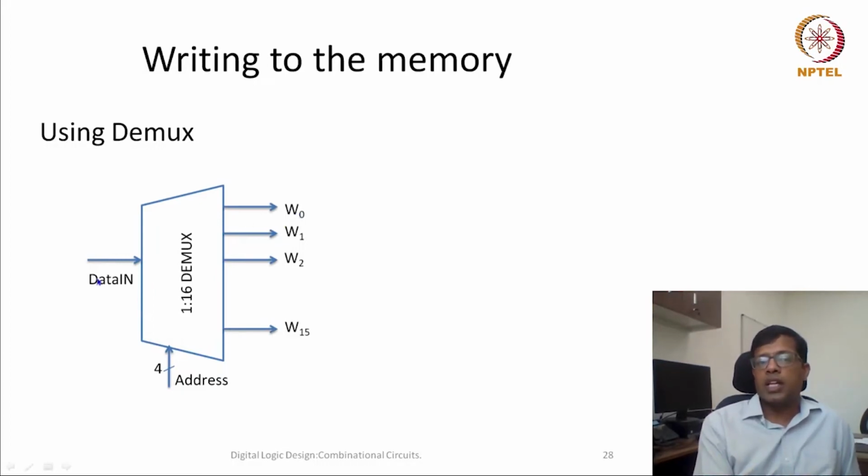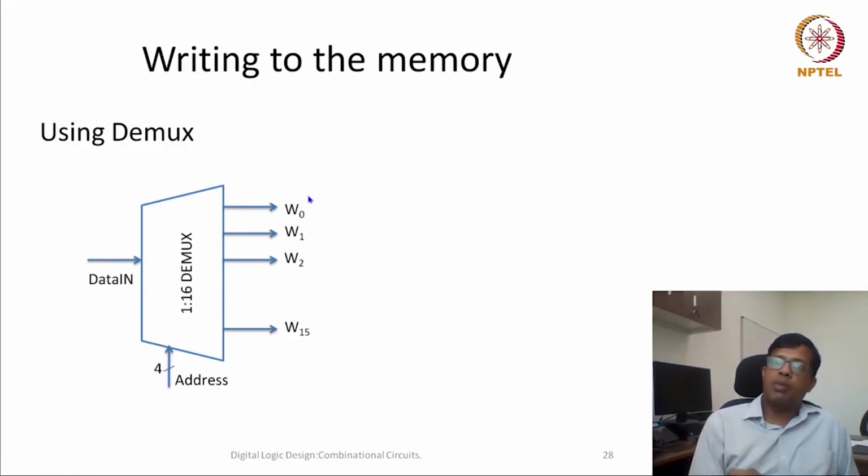So if data in is 0, then W0 will become 0, and if data in is 1, W0 will become 1. What would happen to all the others? W1, W2, up to W15 will all be 0 if the address is not selecting that particular memory cell. Data in will go to W0 or a particular cell only if that address is selected.